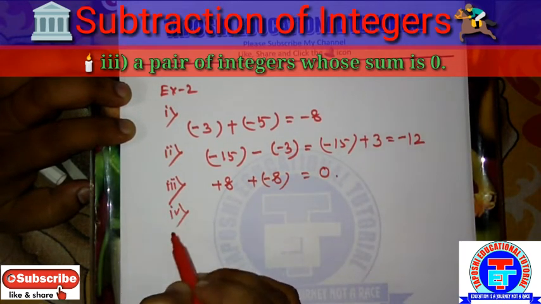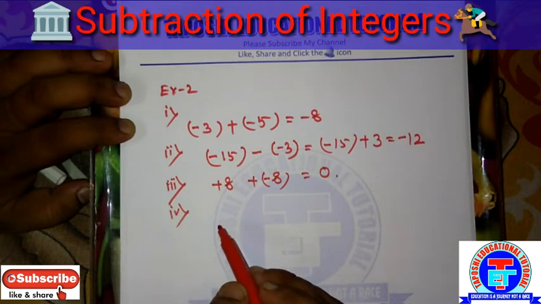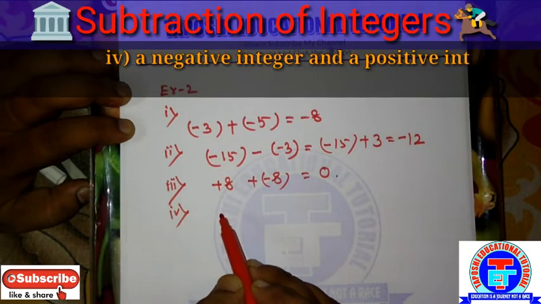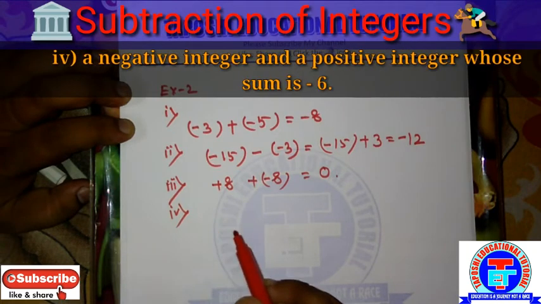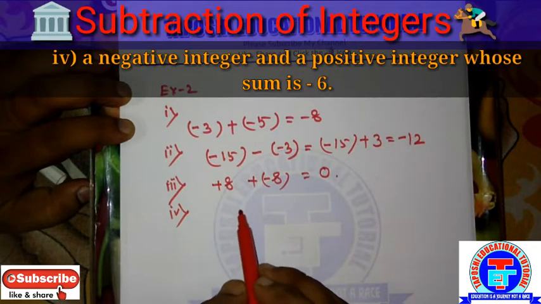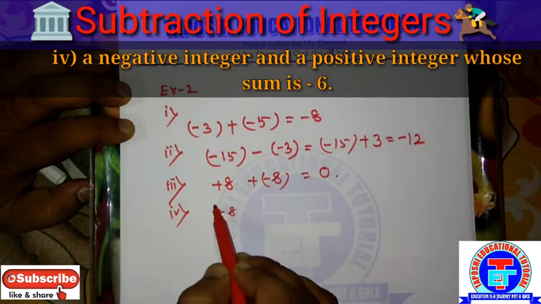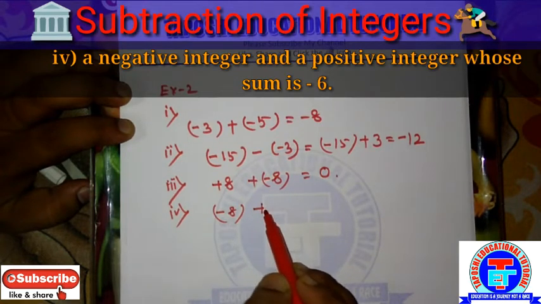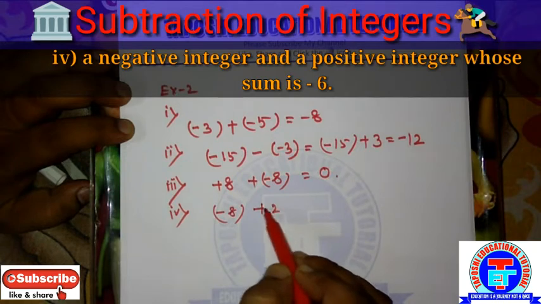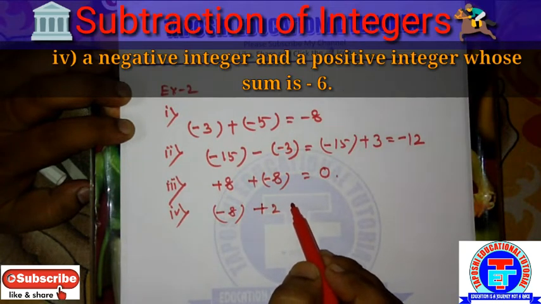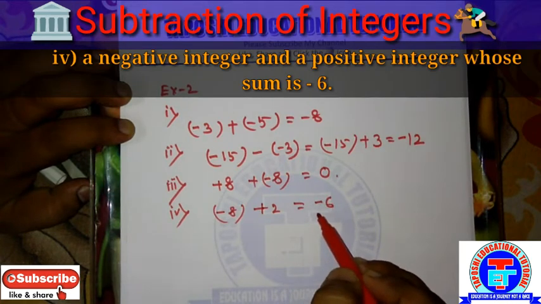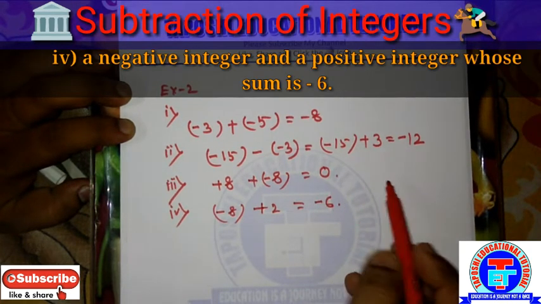Number 4, here, a negative integer and a positive integer whose sum is minus 6. So here we write minus 8 is a negative integer and the positive integer is 2, right? Its sum will be minus 6, right student?